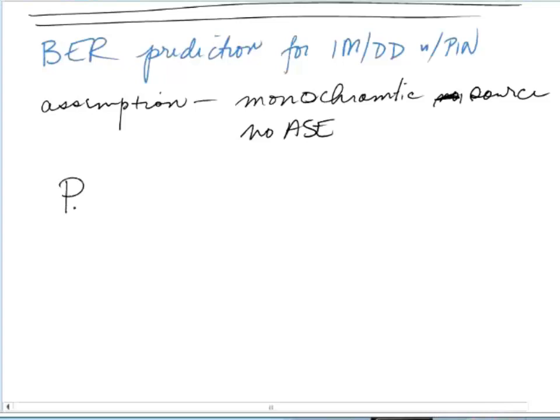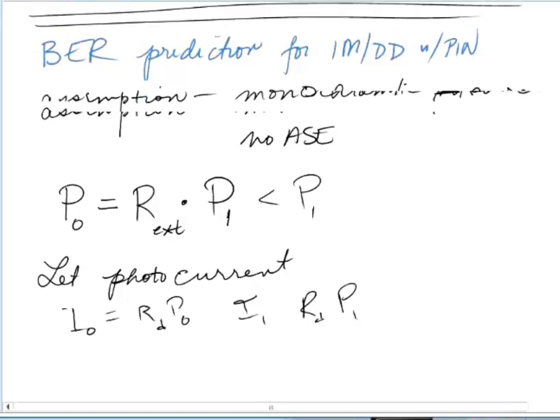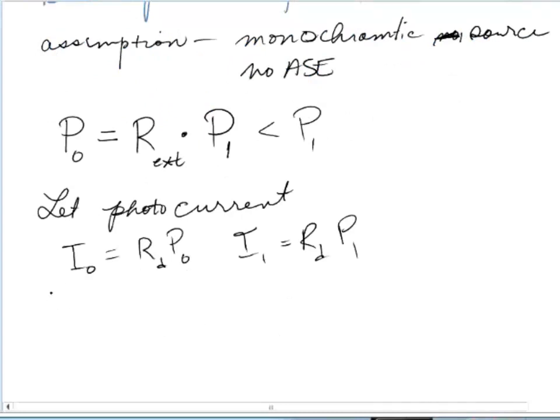So the system here will have the power during a logical 0 equal to the extinction ratio times the power for signal 1, and of course it's much smaller than 1. We hope we have a decent extinction ratio. And we're going to let the photocurrents be defined as I0 equal RD times P0, I1 equal RD times P1. Okay, so to these currents the noise is added.